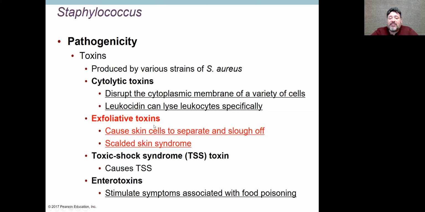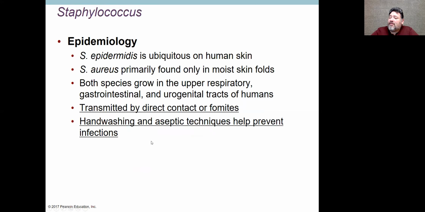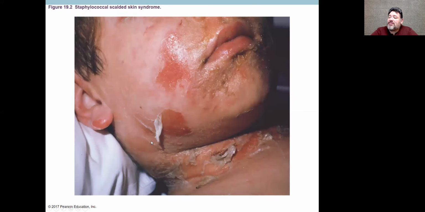And these exfoliative toxins literally target these desmosomes, causing cells to fall apart. And so you end up with superficial tissue sloughing off. In extreme cases, that's called scalded skin syndrome. Okay, as if you had been burned. Pretty dramatic.